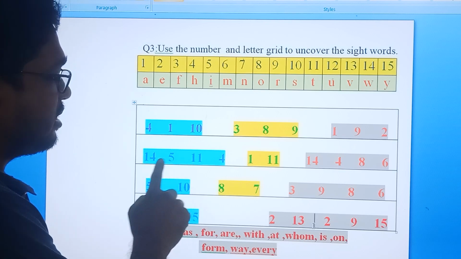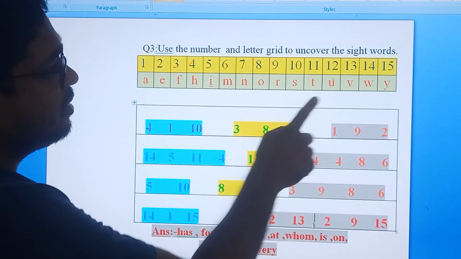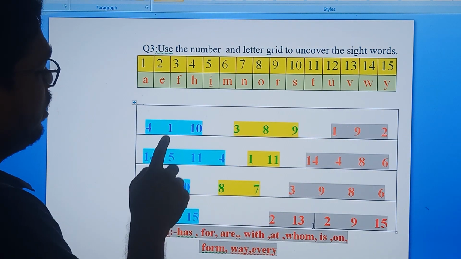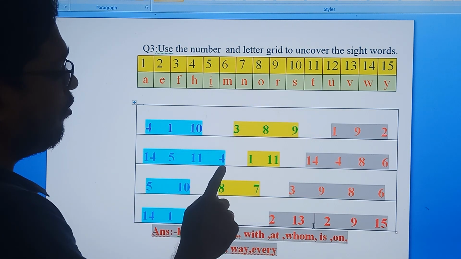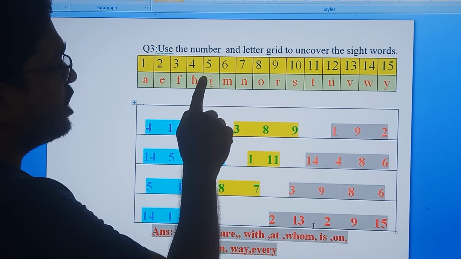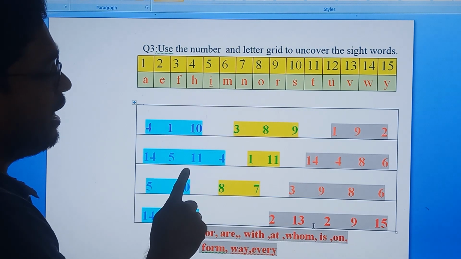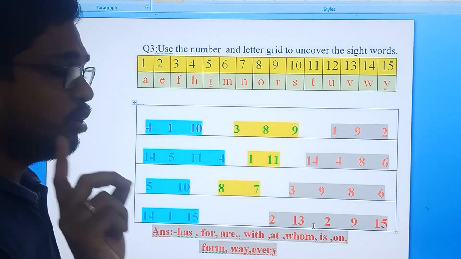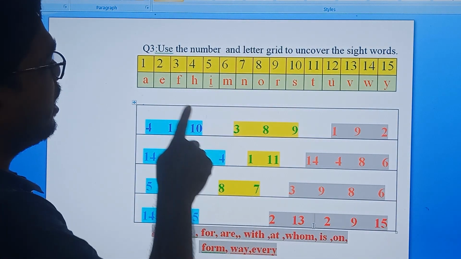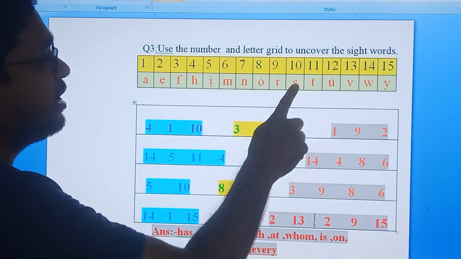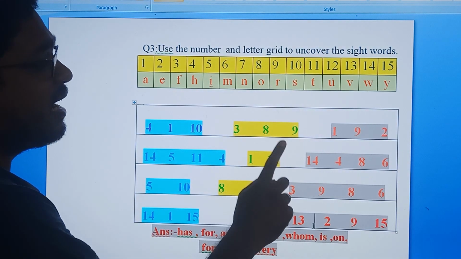So come to the next number. It's 14. 14 is W. 5 is I, 11 is T, and 4 is H. W-I-T-H, with. Here I have already written. Next, 1 is A, 11 is T, A-T, at.